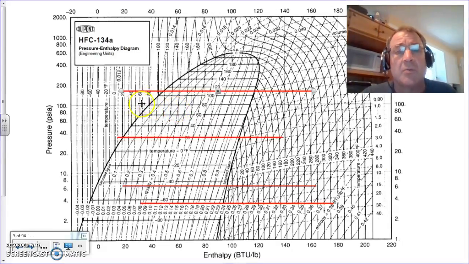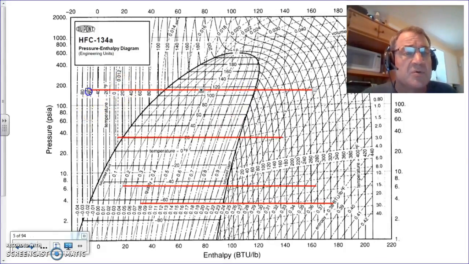So this would represent our saturated condensing temperature of around 115 degrees, say about there, which corresponds to a high side pressure of just under 200 psia, around 190 psia or so right there. So this would represent our high side pressure right here.